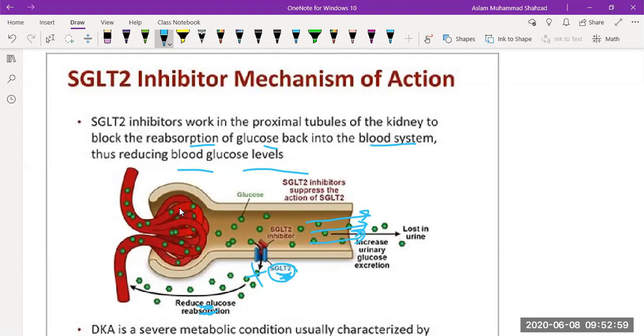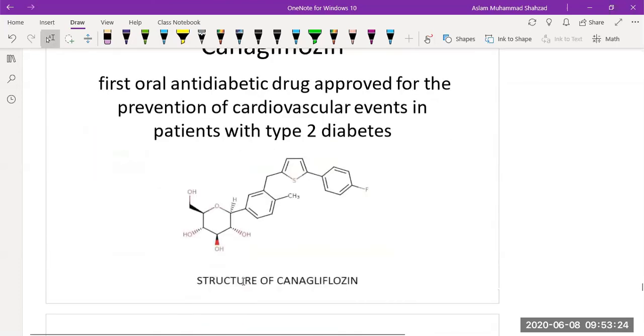So they mentioned that SGLT inhibitors work in the proximal tubules of the kidney to block the reabsorption of glucose back into the bloodstream, thereby reducing the blood glucose level, with more excretion through the kidney.